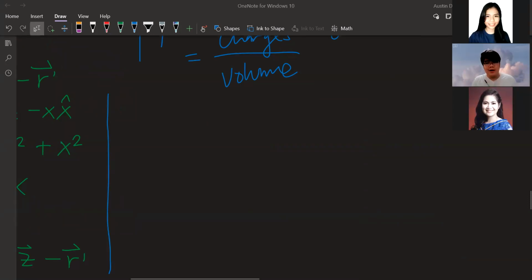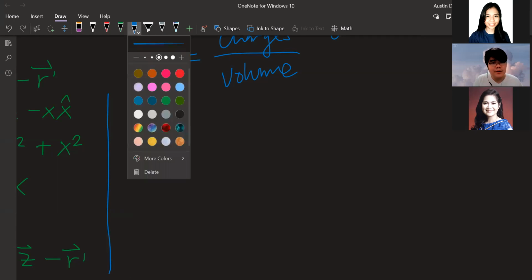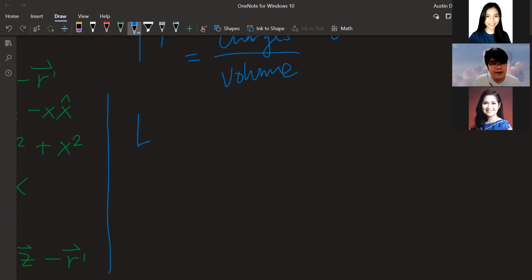Okay, let's continue. What am I gonna do? Okay, I'm just gonna write down your vector E has to be 1/4 pi epsilon naught. I don't like doing this. Let K be 1/4 pi epsilon naught. Taman tayo.